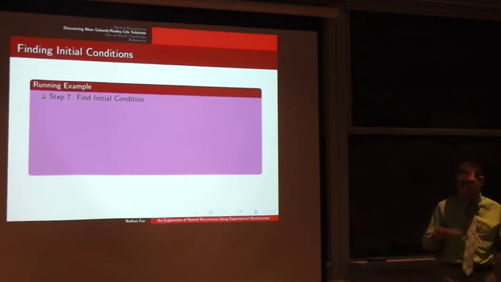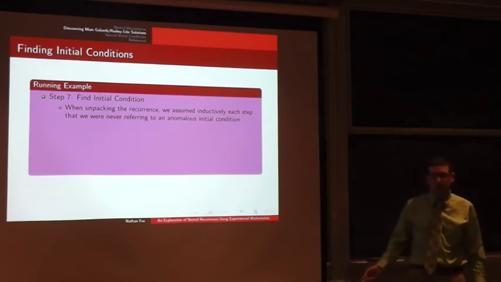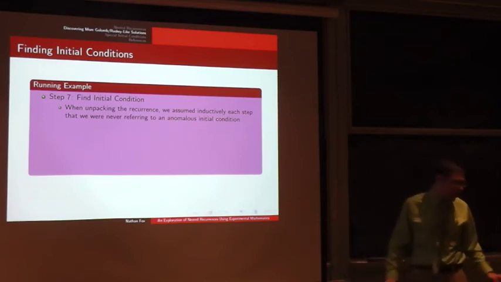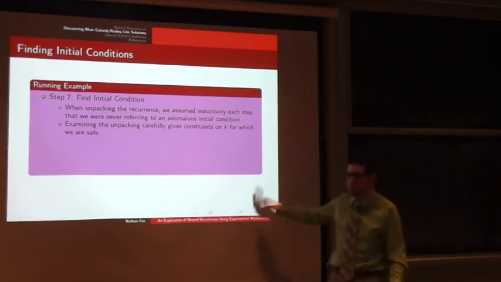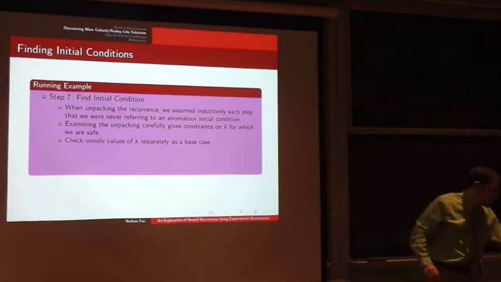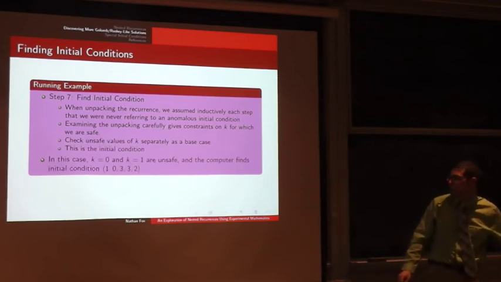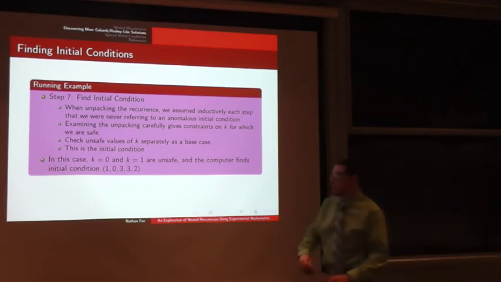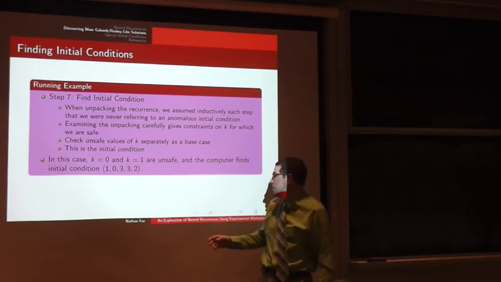Then all that's left is to find the initial condition. We have to look carefully at our induction and see what we assumed. That gives us which k values were safe and which ones weren't. The ones that weren't, we have to check separately. And that gives us an initial condition. In this case, we realize that just k equals 0 and k equals 1 were unsafe. That corresponds to indices 1 through 5.